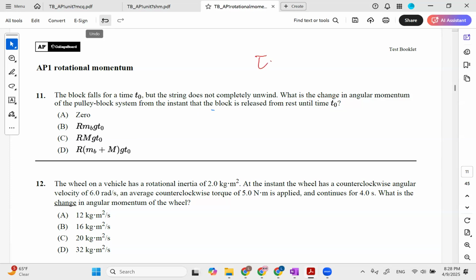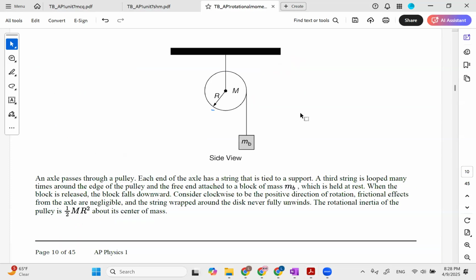Yeah, you can use torque times time equals change in angular momentum, right? Then right now, the moment when it's released, we are going to use it on the system, right? So the external force will be m g. Does it make sense?